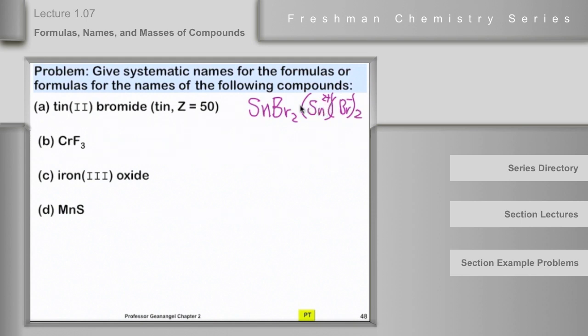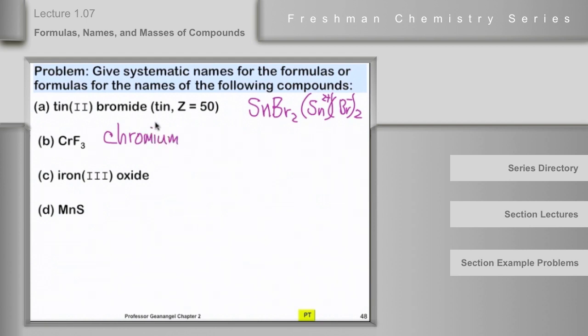We're asked to give the formula from the name. Okay, the name is tin 2 bromide. The next one is CrF3, and we're asked to give the name from the formula. What would be the charge on the chromium ion in this ionic compound? It's 3 plus, right? So we would start this off by writing chromium.